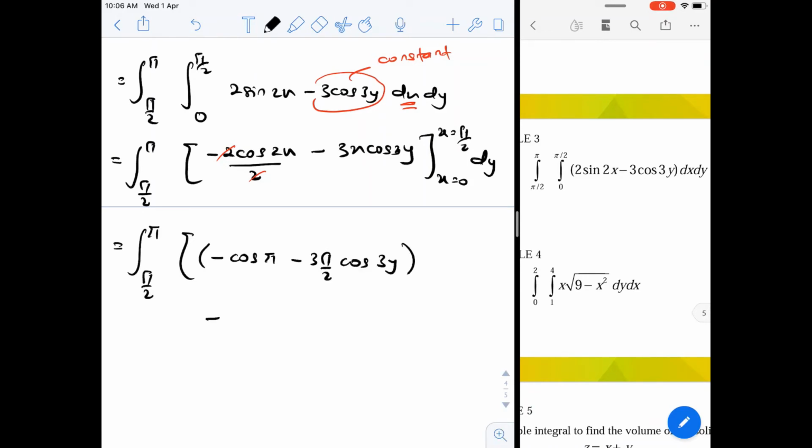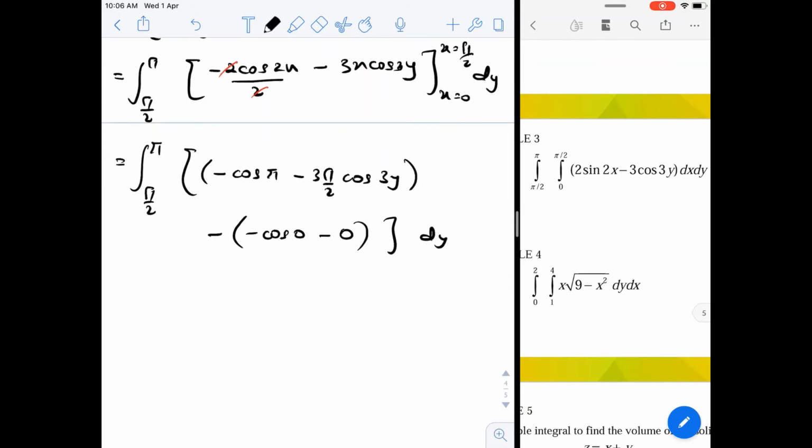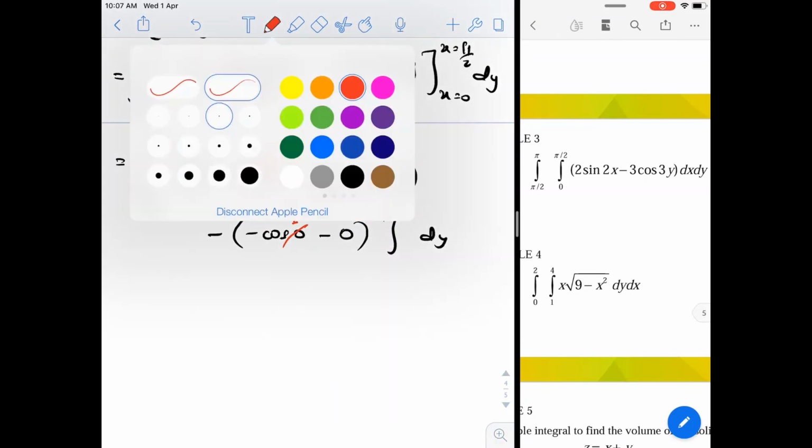Okay, minus, substitute x equals to 0, we will have negative cos 0 minus 3 times 0. So 3 times 0 is 0, dy. Okay, now cos pi is equivalent to negative 1. Cos 0 is 1.